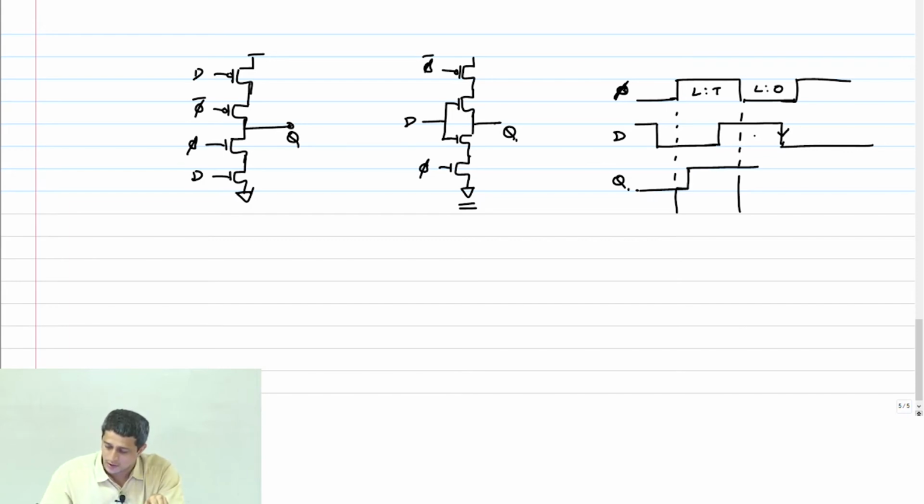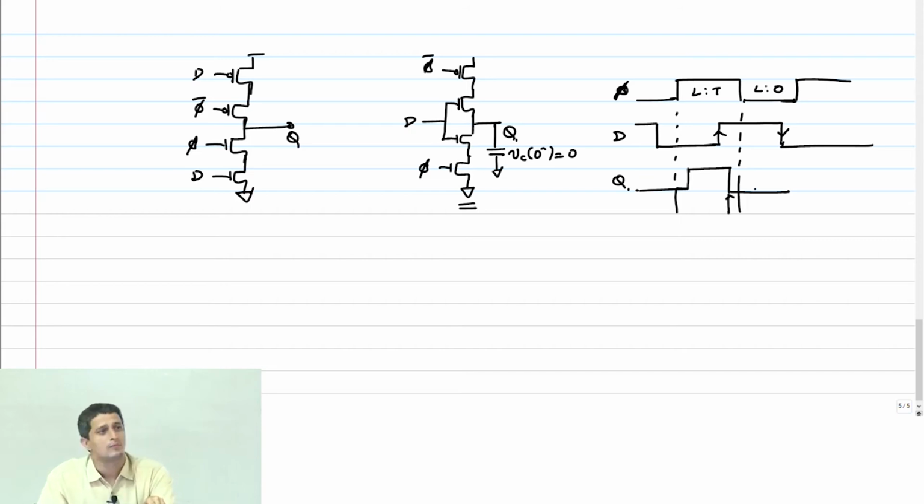So if D was 1, then my... no, sorry. This is what should happen, right? Because the clock has changed here and Q should get inverted in the transparent phase. So D was 1 and Q became 0. So this capacitor was discharged to 0, right, out here.